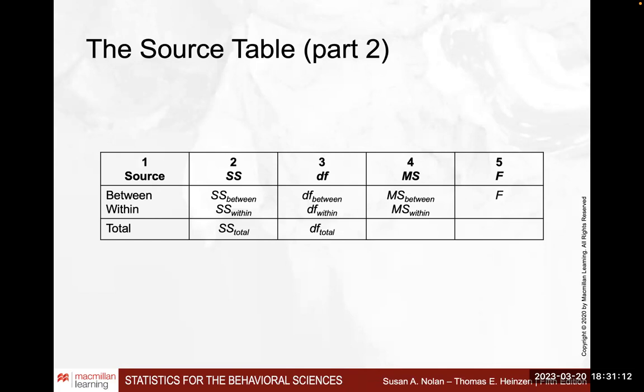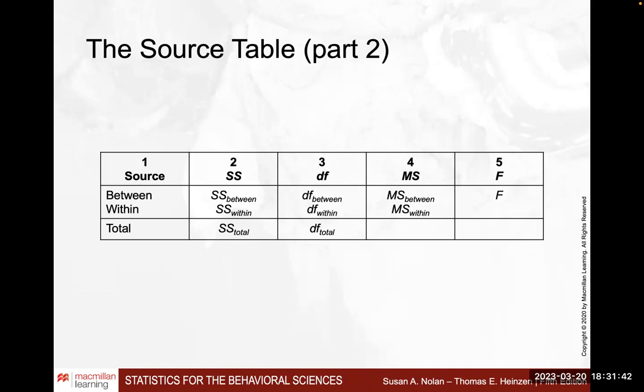And it consists of 4 different components. First, the sum of squares, constituting sum of squares between, sum of squares within, and sum of squares total. Then we have the degrees of freedom. Then we have the corresponding variance, which is calculated as sum of squares between or within, divided by degrees of freedom between or within.